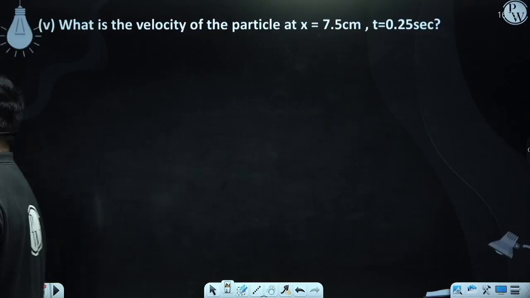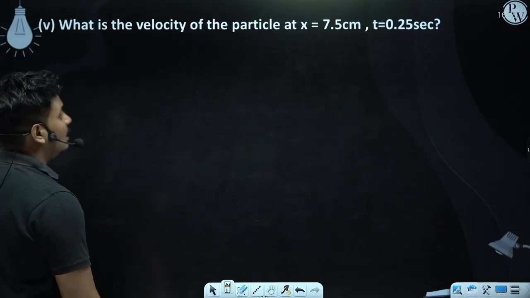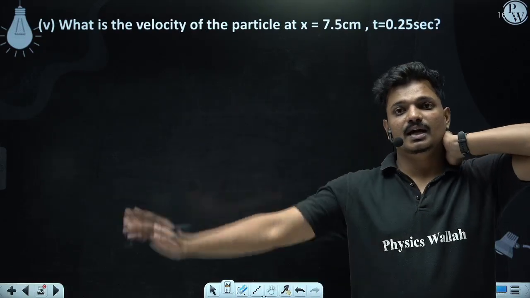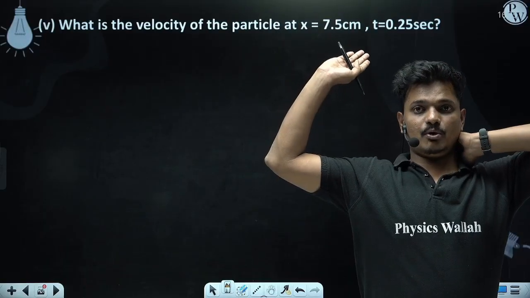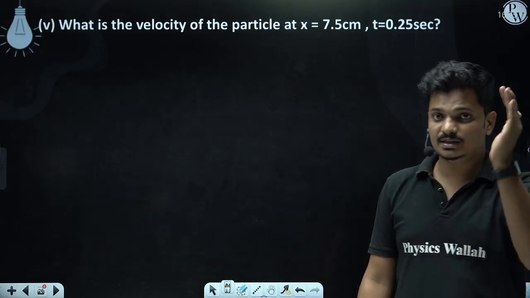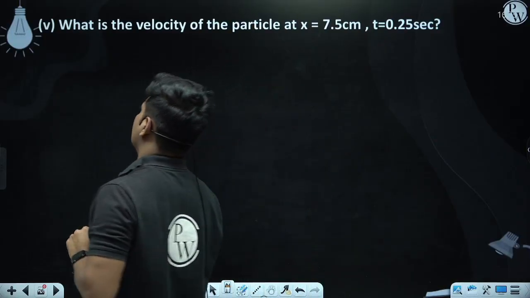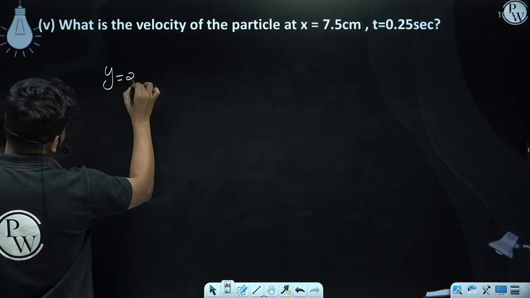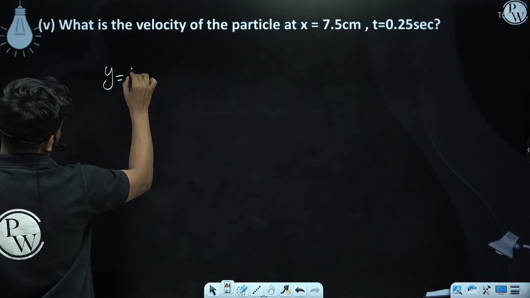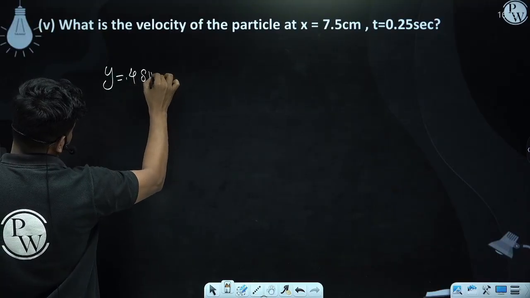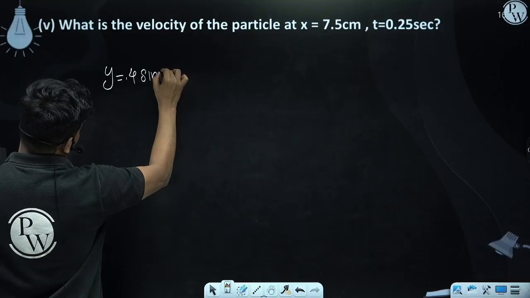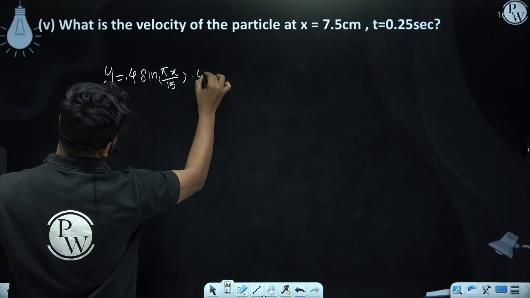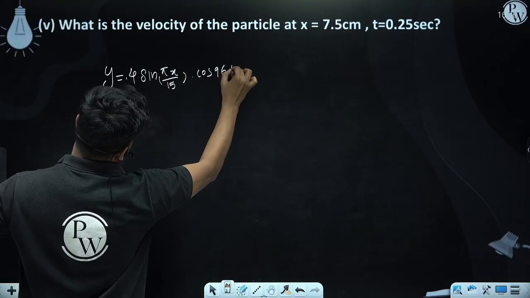The next question: what is the velocity of the particle at x equal to 7.5 centimeter and t equal to 0.25 second? That means at 1 by 4 second. So what is our expression? Our expression y is equal to 4 sine pi x by 15 into cos 96 pi t.